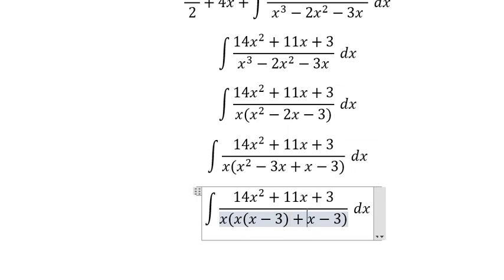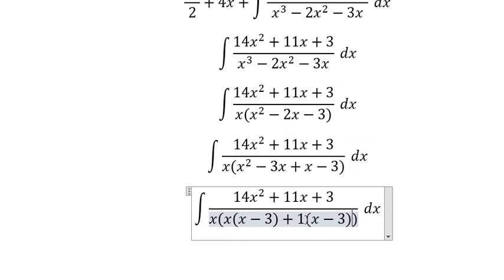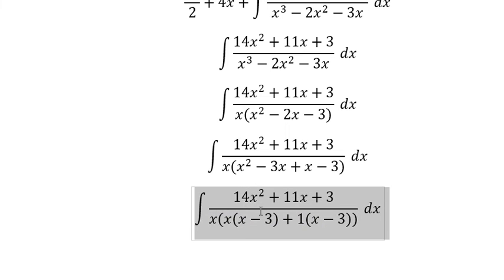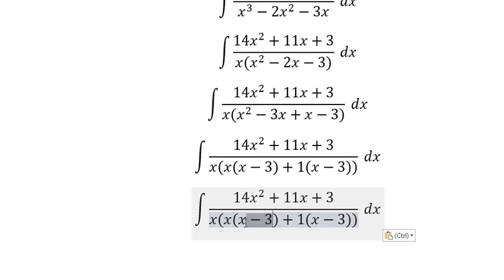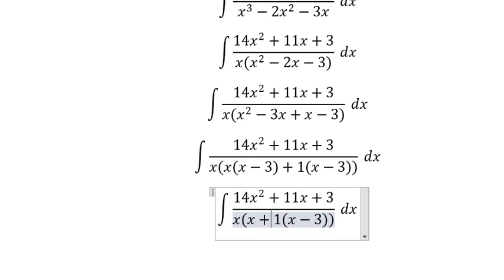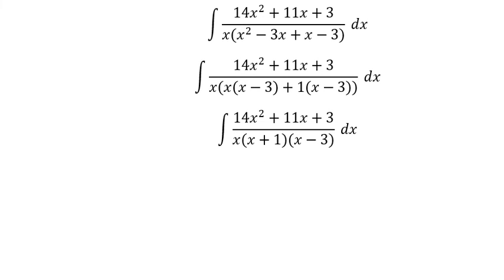This one by number 1. And now we can do another factorization by s minus number 3. And now we can use partial fractions.